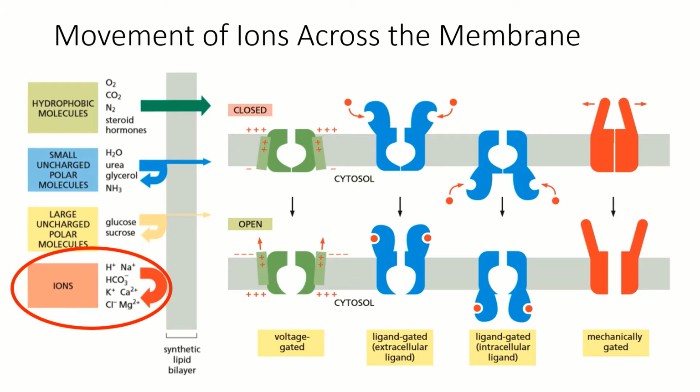channel to open. Then on the second illustration, we have ligand-gated channels. Think of a ligand as a sort of key, with a key and lock mechanism against the channel, so that when it's attached to the channel, as shown here at the bottom portion, the channel actually opens.